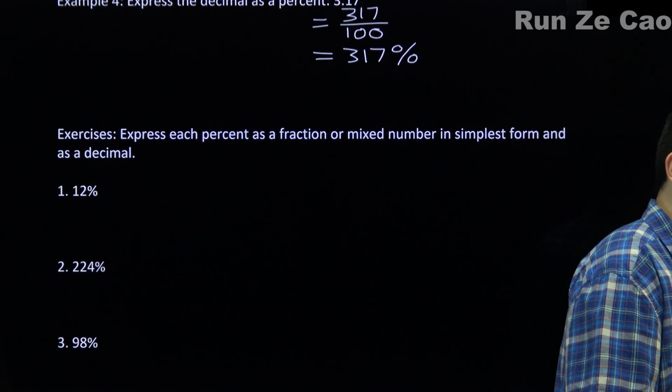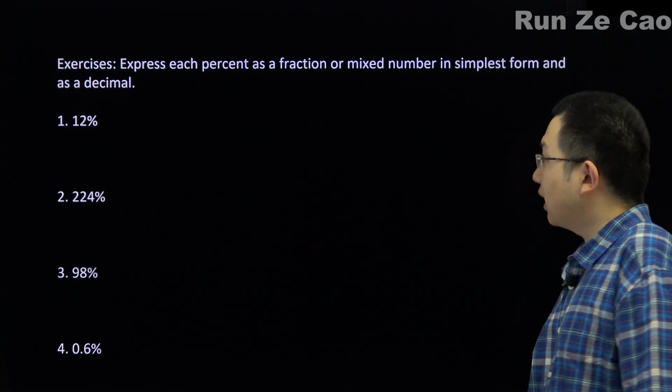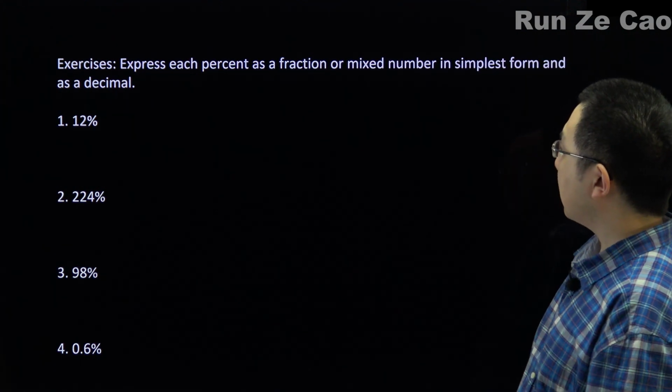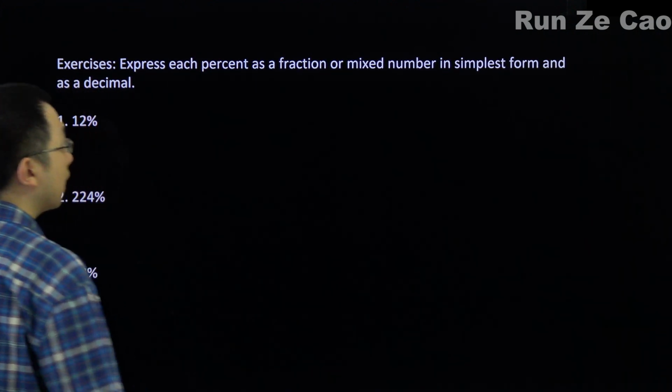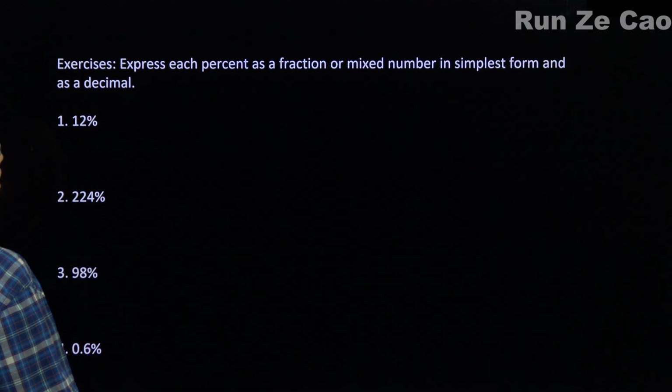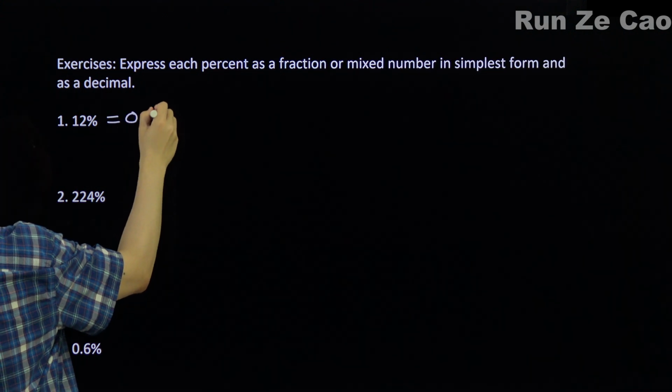Let's do some exercises. Express each percent as a fraction or mixed number in simplest form and as a decimal. 12% as a fraction or mixed number in simplest form and as a decimal. Well, the decimal is easy. It's 0.12.